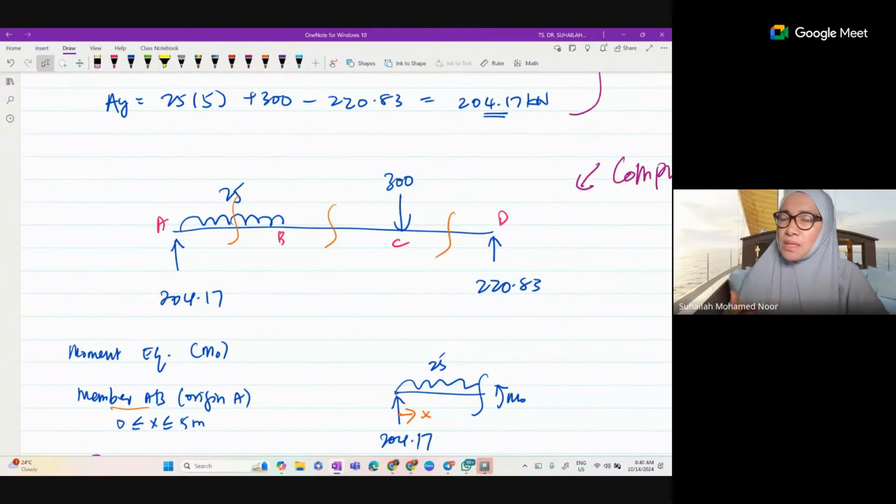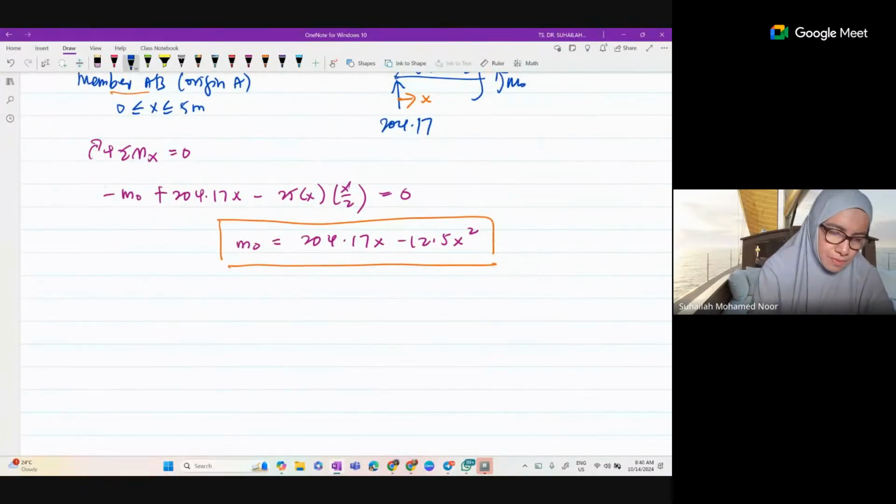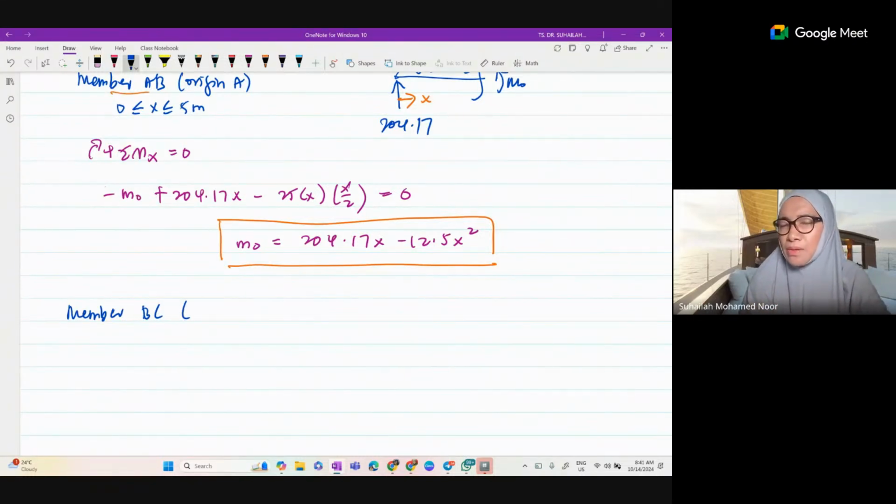So we can choose C as origin, or we can also choose D as origin. Both can be used. Now we move to next member BC. You have to write the origin name so that we know which origin you are referring to. You want D or you want C?